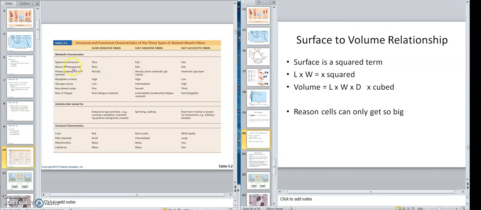Speed of contraction fast. Break it down fast. But you're using aerobic. Okay? Myoglobin high. So everything really is similar to this, but a few things similar to this. This would give fast movement for long distance. Animals have this, some animals, but we as humans don't have a lot.